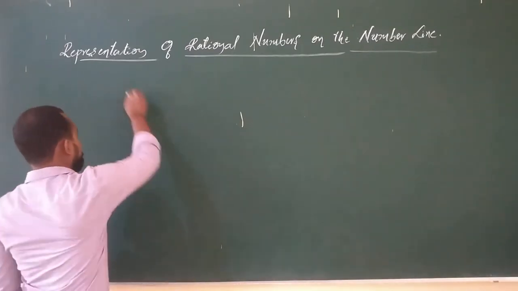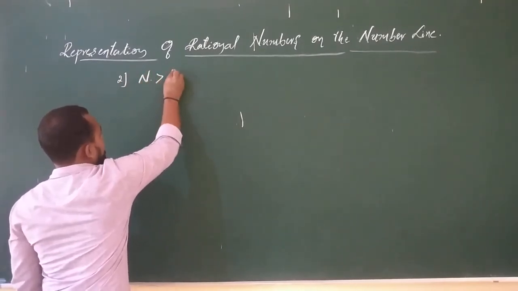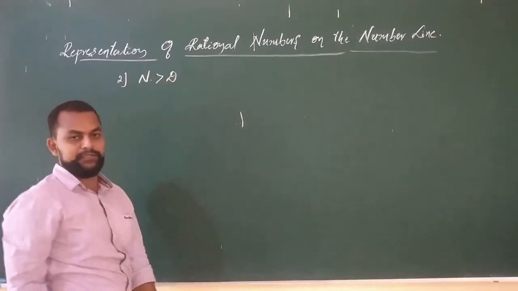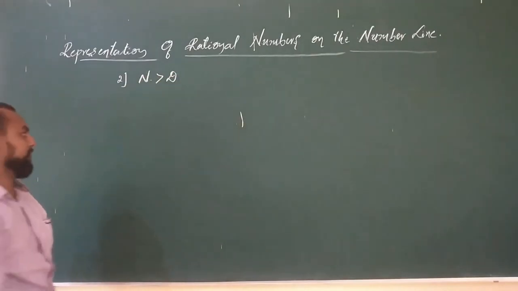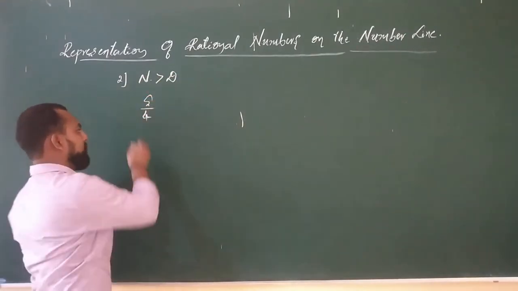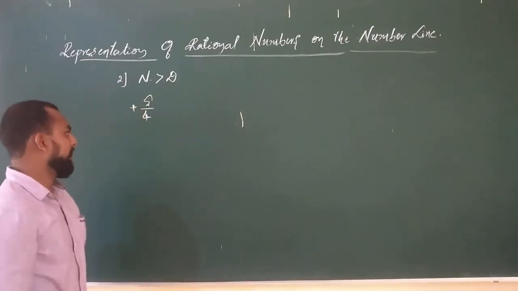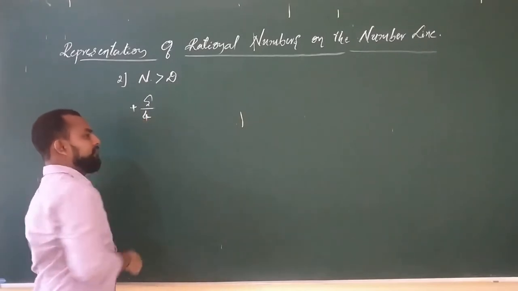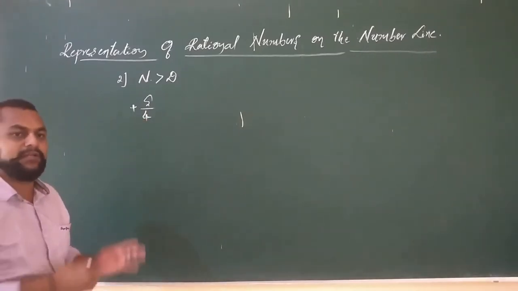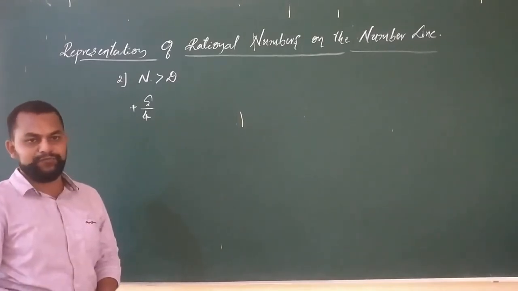The second condition is the numerator greater than the denominator. For example, 5 by 4 is a positive rational number, which means it lies towards the right side of 0.